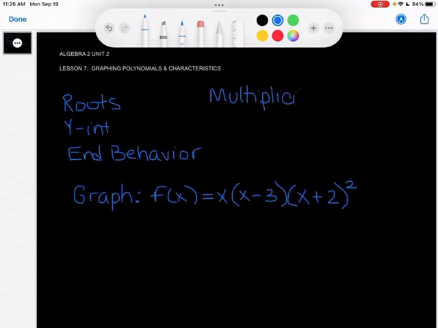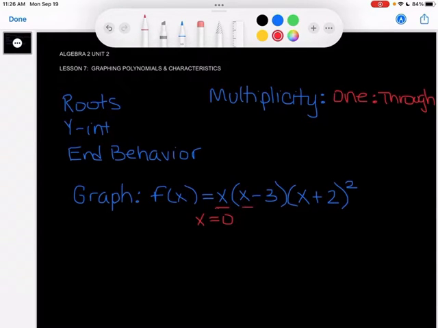So let me talk about that multiplicity. That tells you how many times that root is in there. So for example, the factor x is in here, which means there's a root at 0 because x equals 0. That is only in there once, so it has a multiplicity of 1, and it just goes straight through. And the same thing with x minus 3.